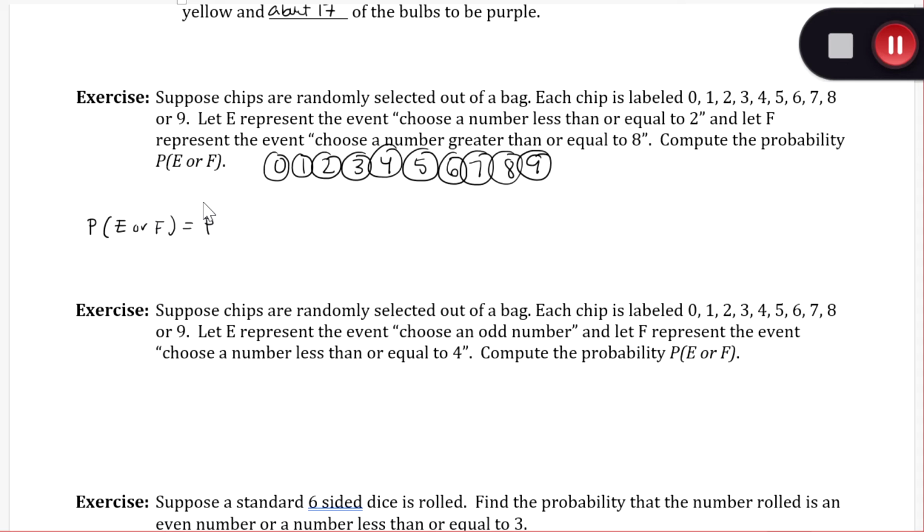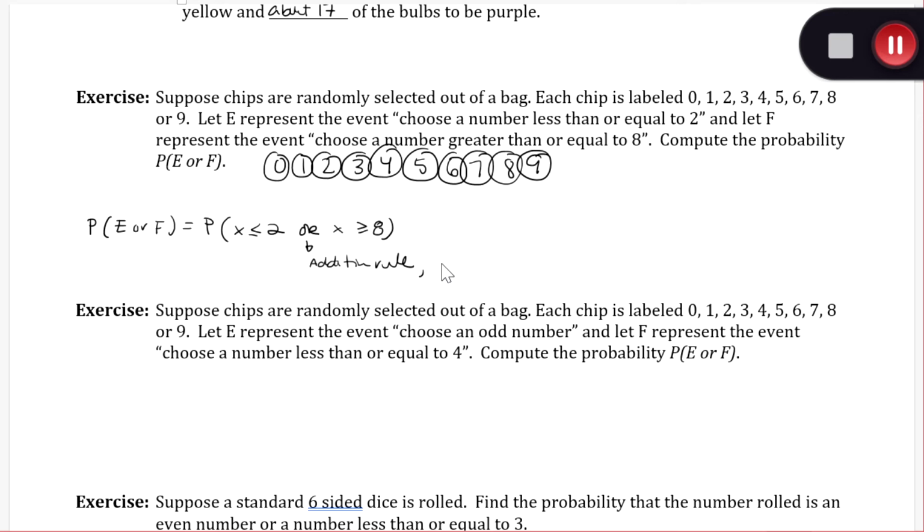So E is a number less than or equal to 2, and F is a number greater than or equal to 8. Again, we have an OR, so we have to use the addition rule. And then we have to think about whether we are disjoint or not disjoint. Can you simultaneously be less than or equal to 2 and greater than or equal to 8?